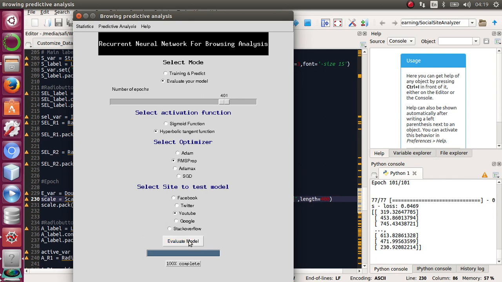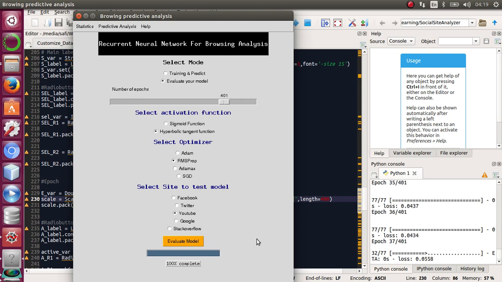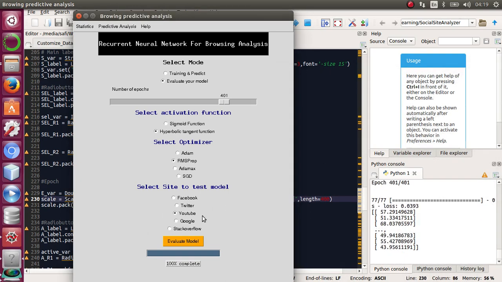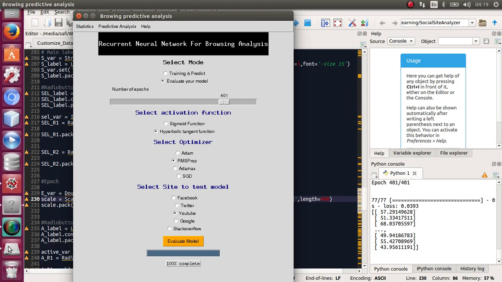Yeah, 400. That's the second most scattered data structure in my problem.